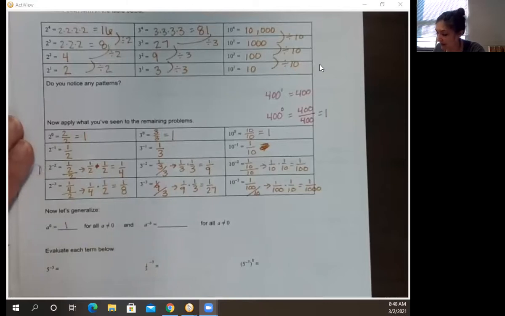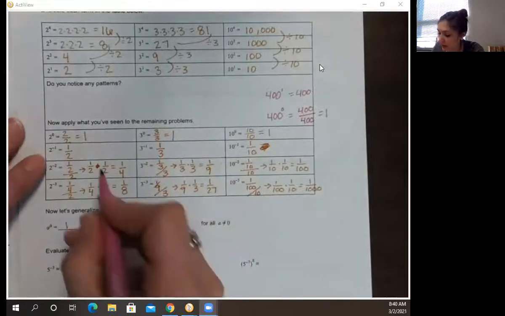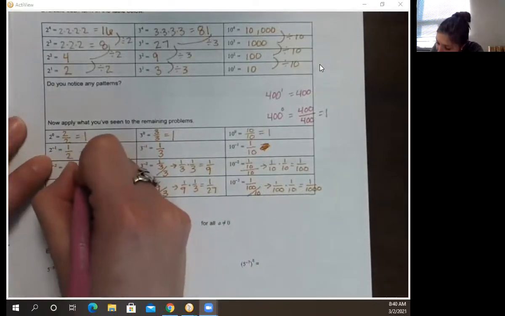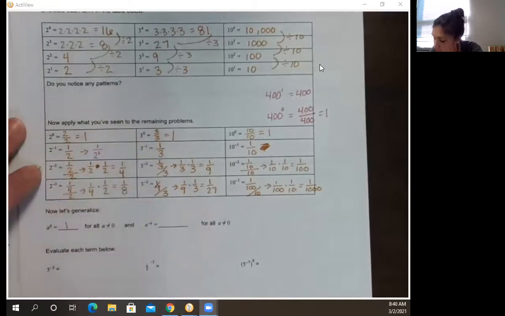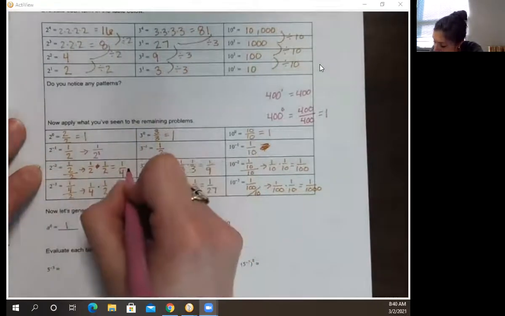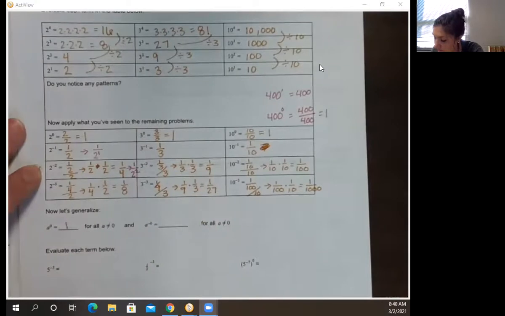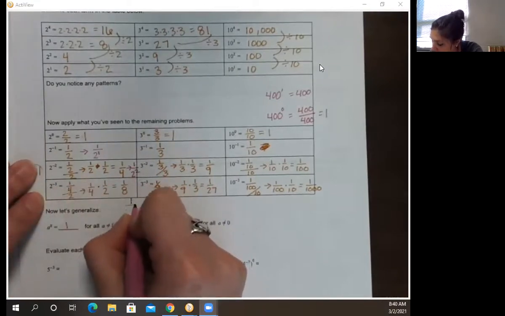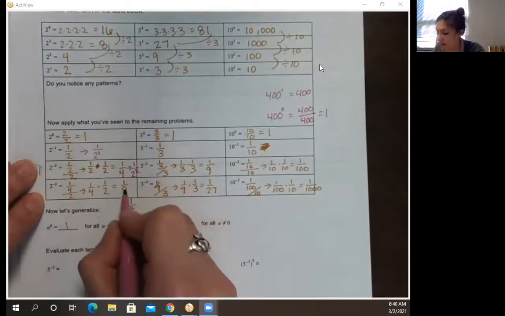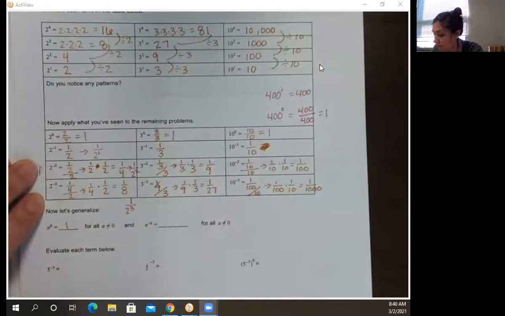And then there's also a pattern that we can pick out here with our negative exponents. So I want you to notice that this would be the same as 1/2 to the first. And 2 to the -2 would be the same as 1/2 squared, right? 2 squared is 4. And 2 to the -3 would be the same as 1/2 cubed, because we know that 8 is 2 cubed.